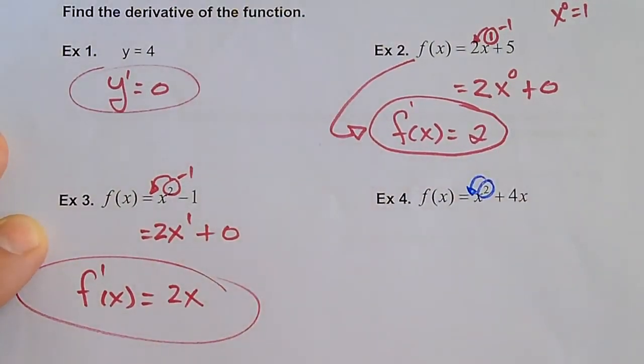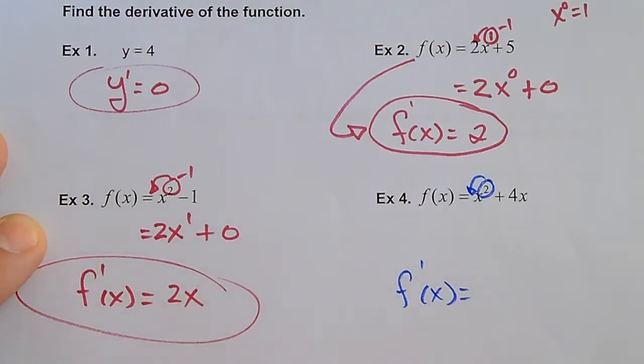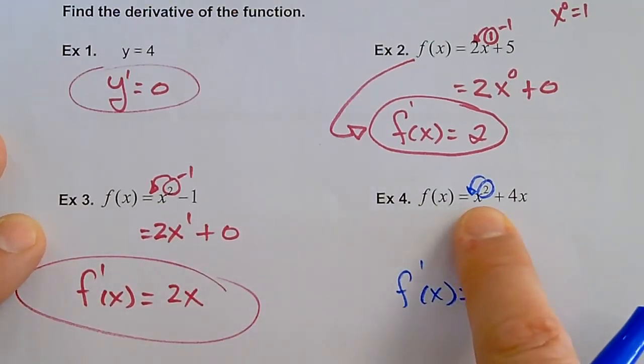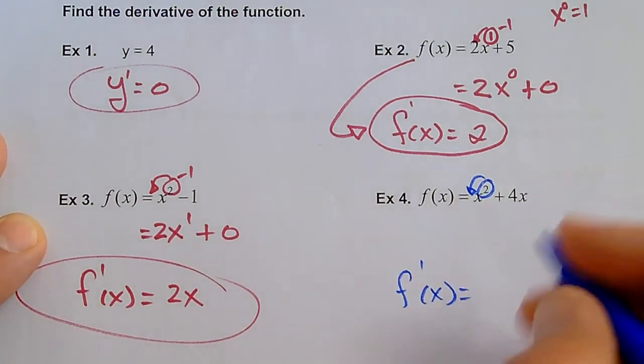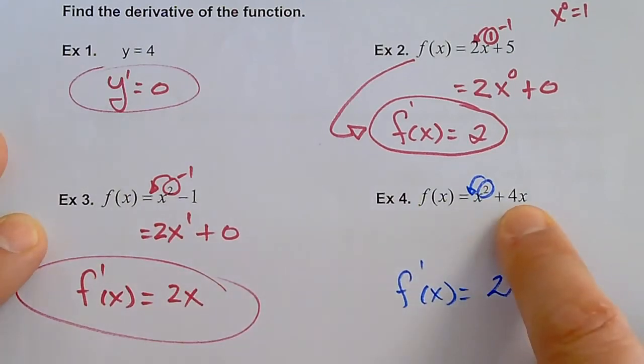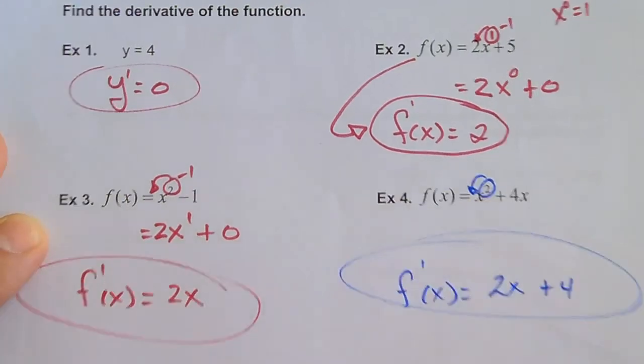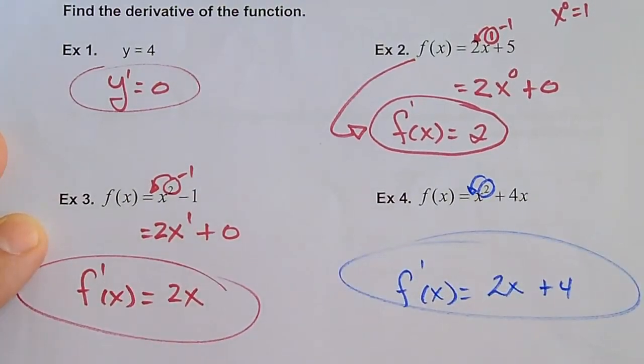Bring it down. So I've got the derivative of f of x. And what's the derivative of x squared? Just 2x. And then what's the derivative of 4x? Just 4. There we go.